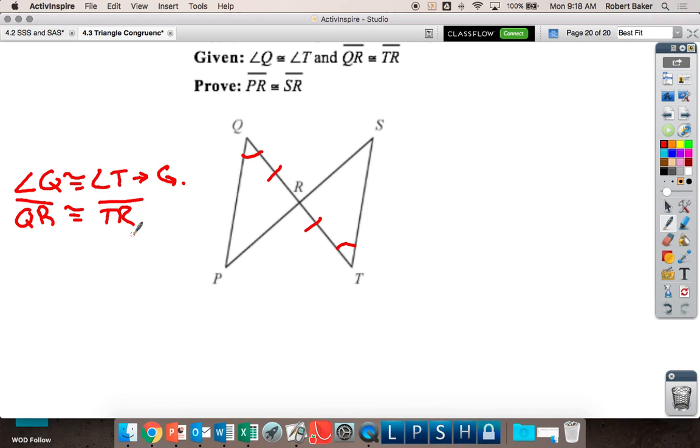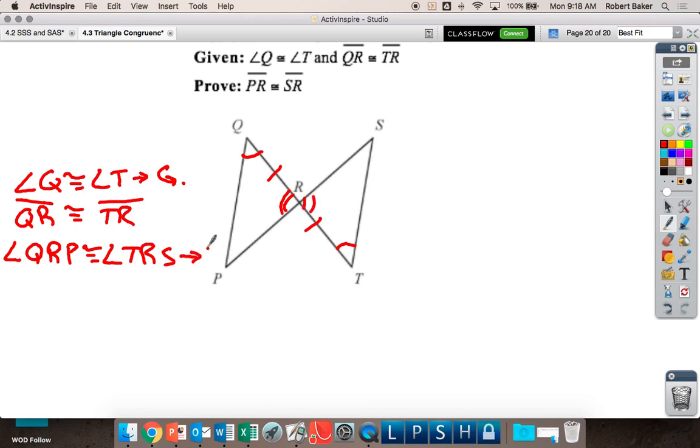What else do I know? The vertical angles. So angle QRP, that's this angle right here, is congruent to angle TRS, that's this angle right here.